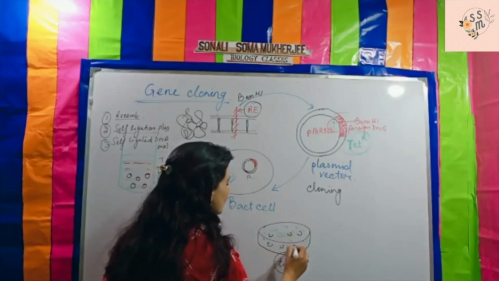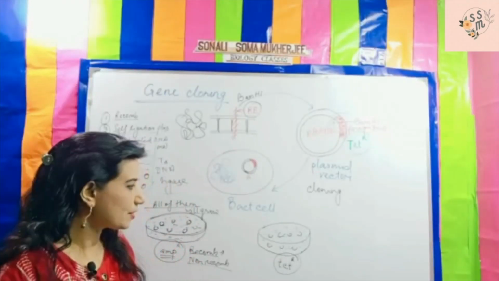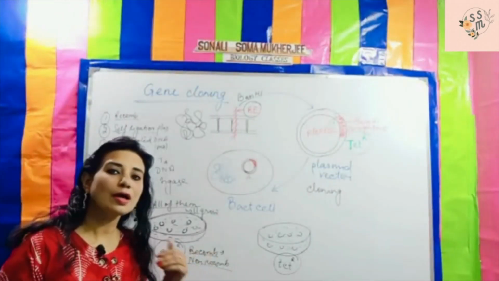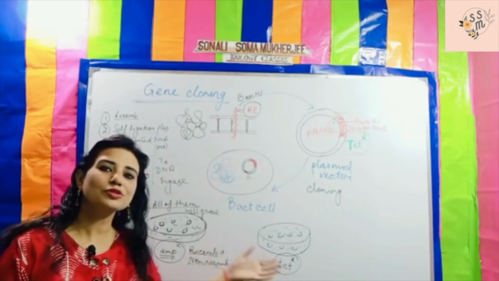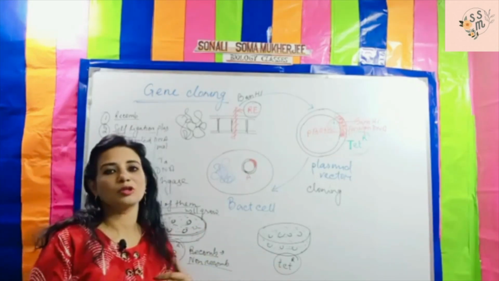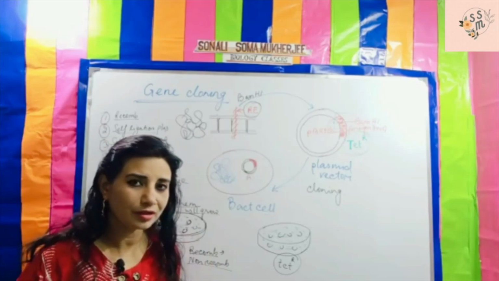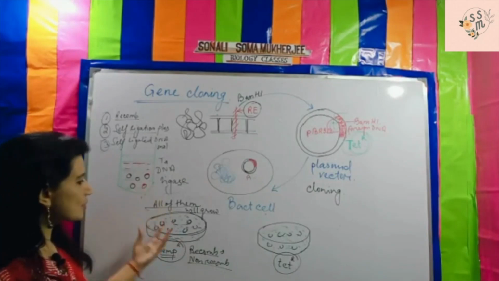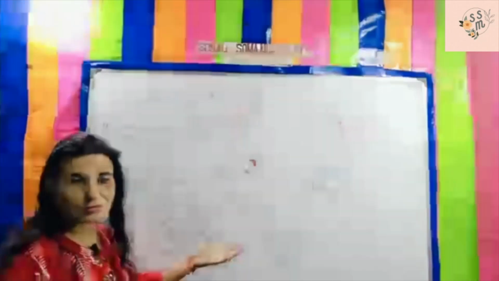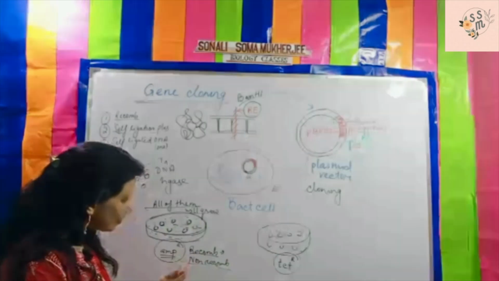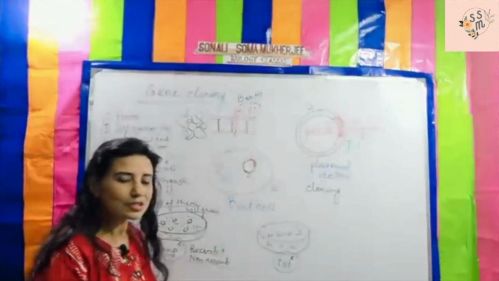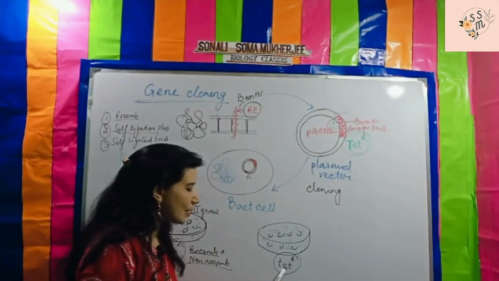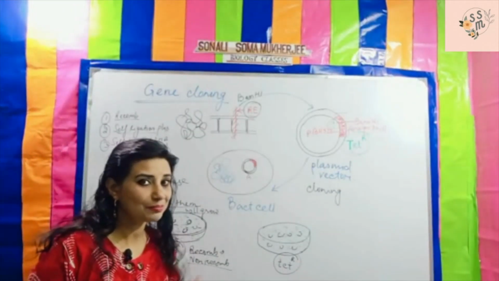What are the consequences? When I place the plasmids into a medium with resistance to ampicillin, all of them show growth, whether recombinant or non-recombinant. That is, whether or not it is carrying the foreign DNA, it is going to show growth. But now I will take a set of plasmids again, and this time the medium has antibiotic resistance to tetracycline, not ampicillin.